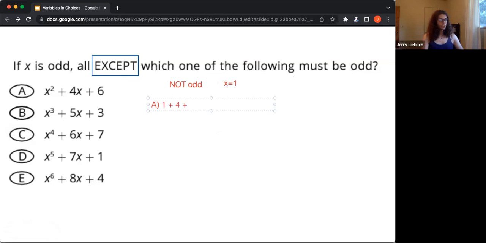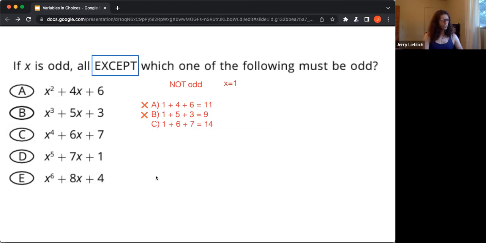So 1 plus 4 plus 6 is 11. That's odd. I don't like it. B. 1 plus 5 plus 3 equals 9. Nope. C. 1 plus 6 plus 7, 14.